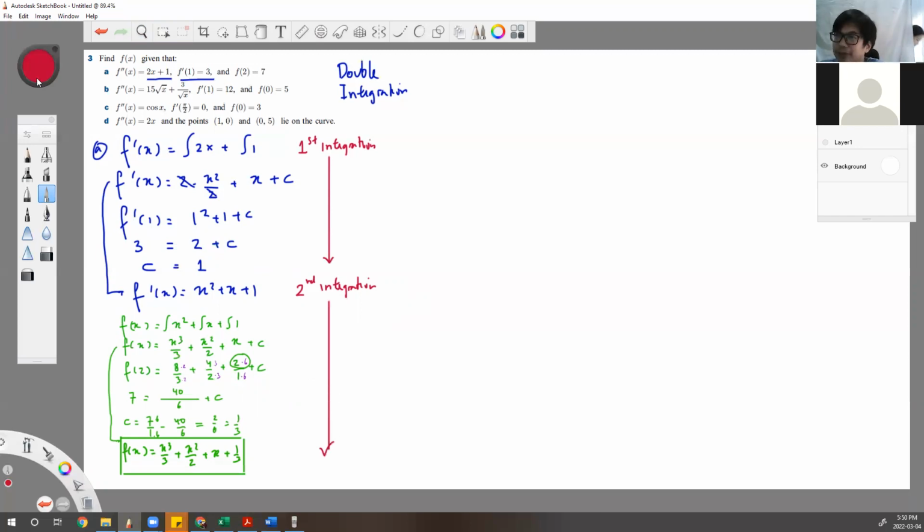Okay, for B also. But it's more complicated because we deal with square root. Integration of 15 square root x, or x power half, right? Plus 3 x power negative half. Done.